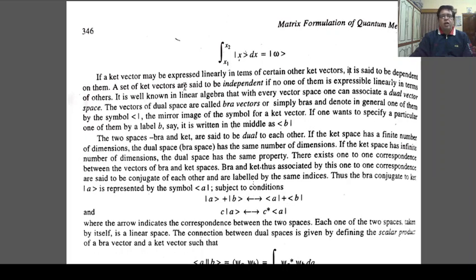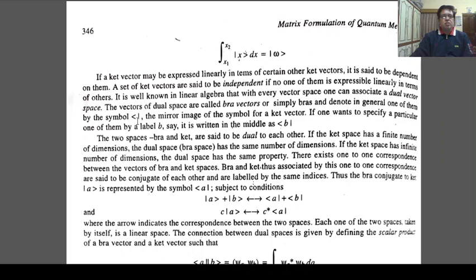A set of ket vectors are said to be independent if none of them is expressible linearly in terms of the others. It is well known in linear algebra that with every vector space, one can associate a dual vector space.